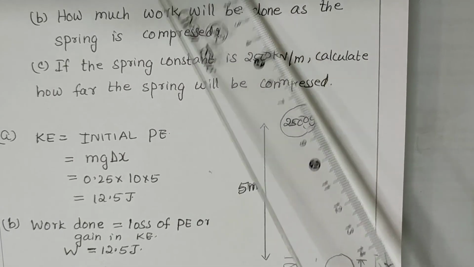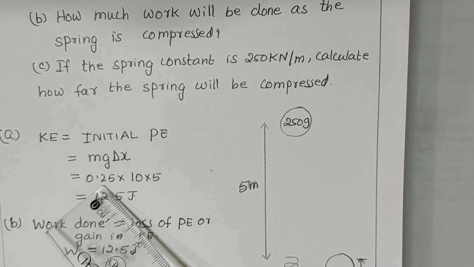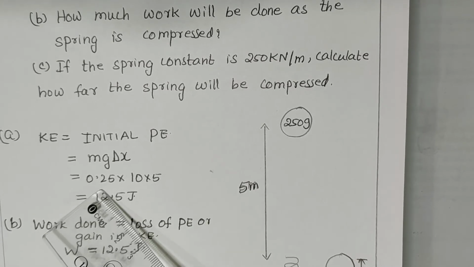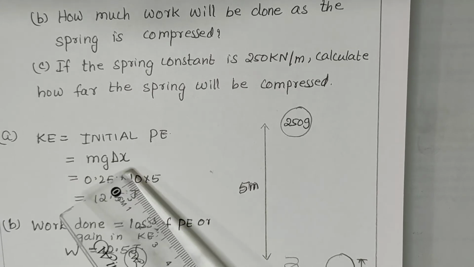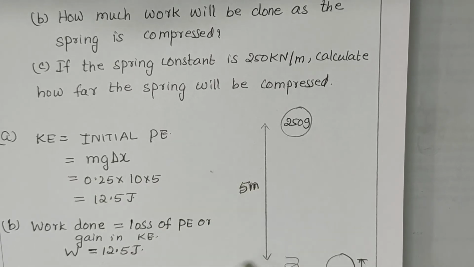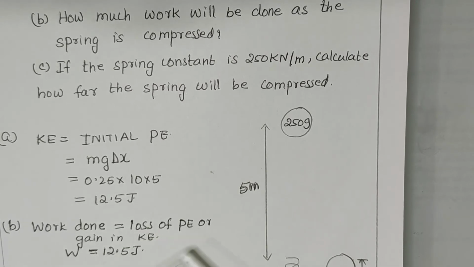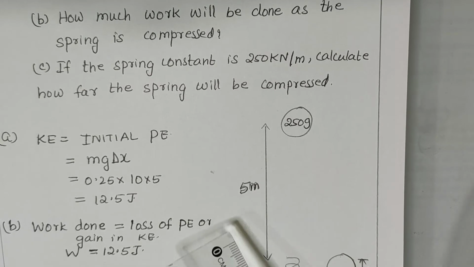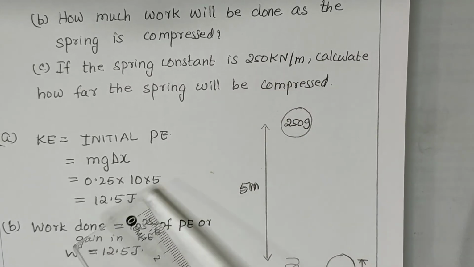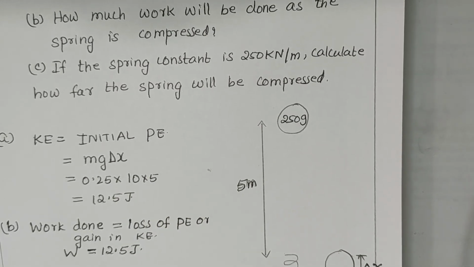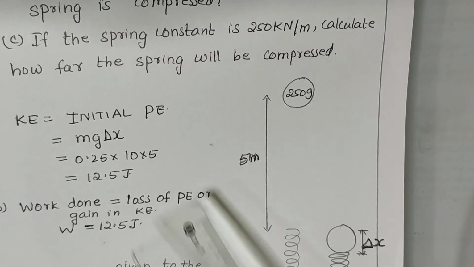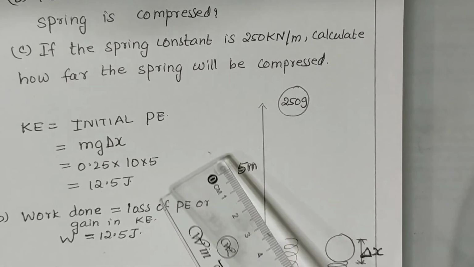You know it is 250 gram. 250 gram is 250 by 1000, that is 0.25 kilogram, into g is 10 into h is 5. So which is 12.5 joule. You should know that when you have force in Newton and energy in joule, the mass has to be in kilogram and acceleration due to gravity in meter per second square and distance in meter.